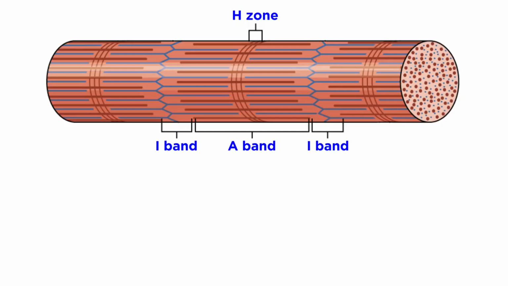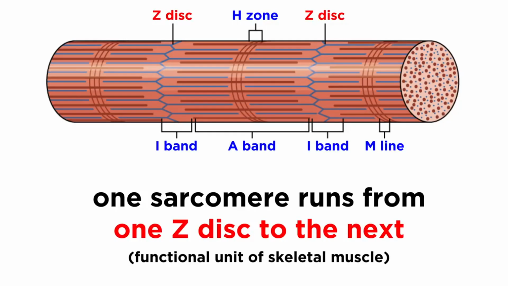Within each A band, we can find a lighter region called the H zone, and this H zone is split down the middle by something called the M line, made of a protein called myosin. The I bands are also split down the middle by a region called the Z disc. We can identify an individual sarcomere as being a section from one Z disc to the next, and this is the functional unit of skeletal muscle.